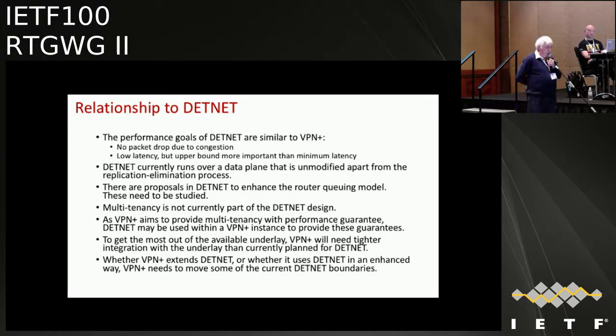So the next phase of the project is to work out whether VPN Plus extends DetNet, or whether it uses DetNet in an enhanced way, or whether VPN Plus needs to move some of the current DetNet boundaries slightly.